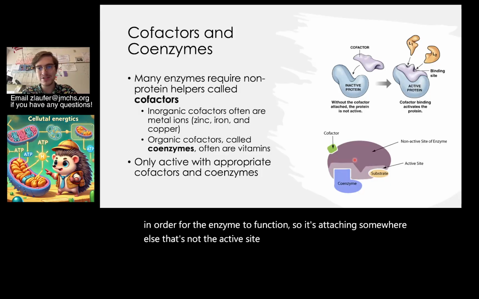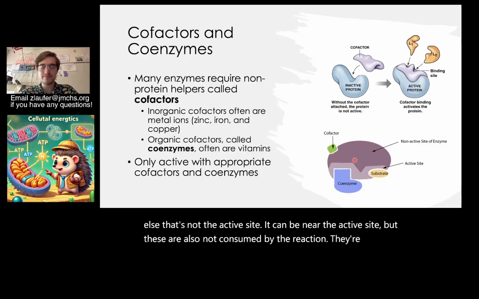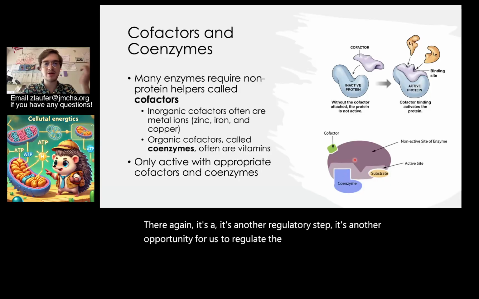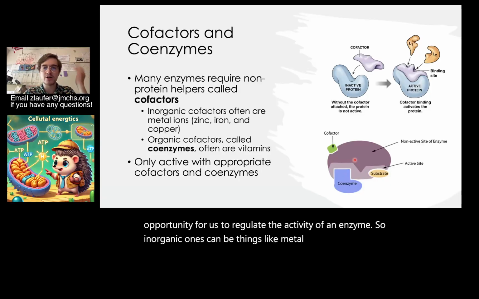It can be near the active site. But these are also not consumed by the reaction. They're just there. Again, it's another regulatory step, another opportunity for us to regulate the activity of an enzyme. Inorganic ones can be things like metal ions: zinc, iron, copper. The iron in your hemoglobin would be one.